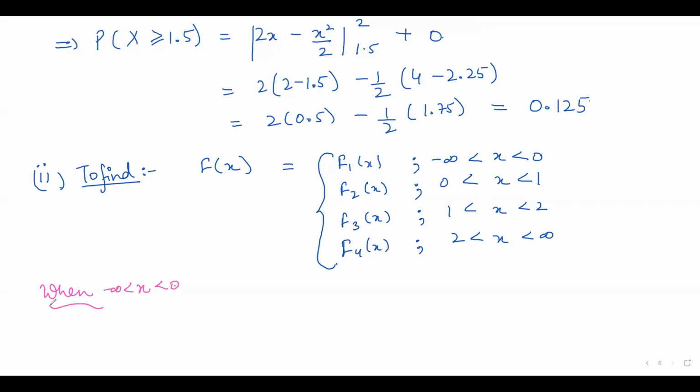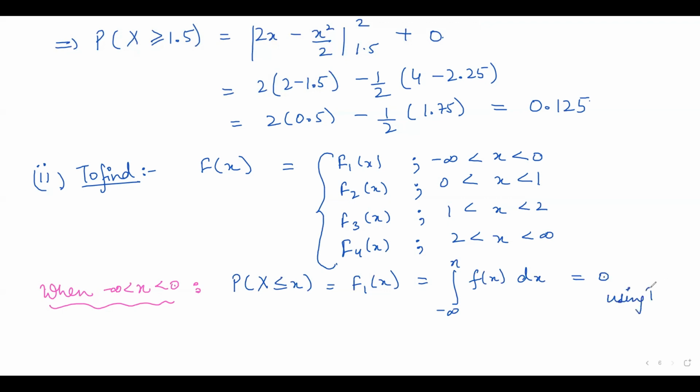In this particular case, the p of x less than or equal to x, that means our Fx, our f1x, I would say, would be 0, using the first equation that is given to us.